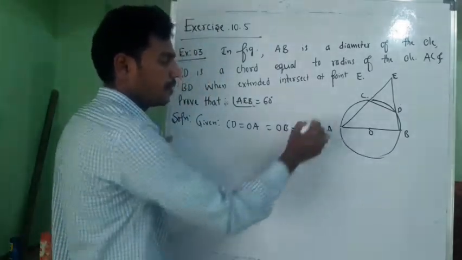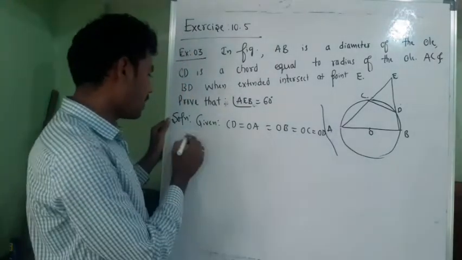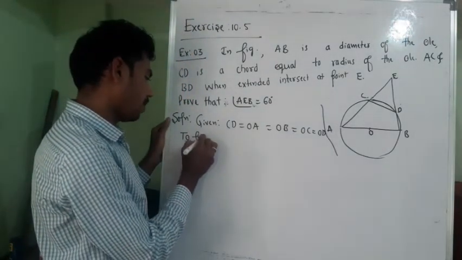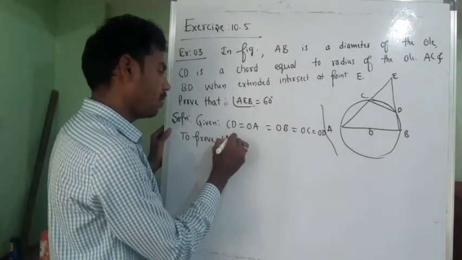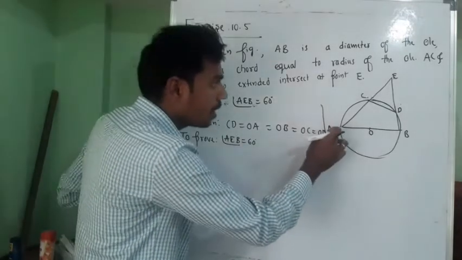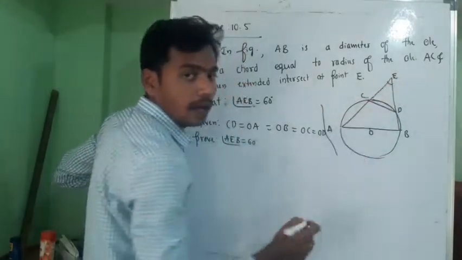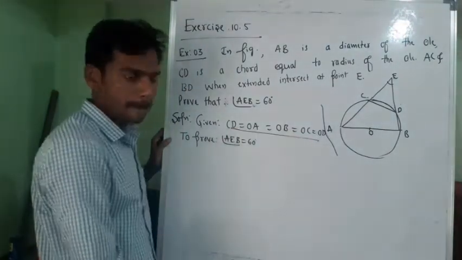Since they have given CD is equal to the radii of the circle. So what is required for us to prove? We need to prove angle AEB is equal to 60 degrees. Fine. This is the given data.